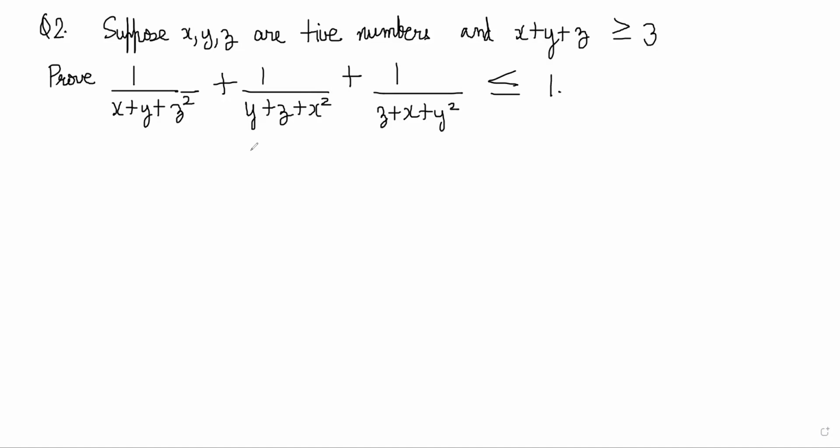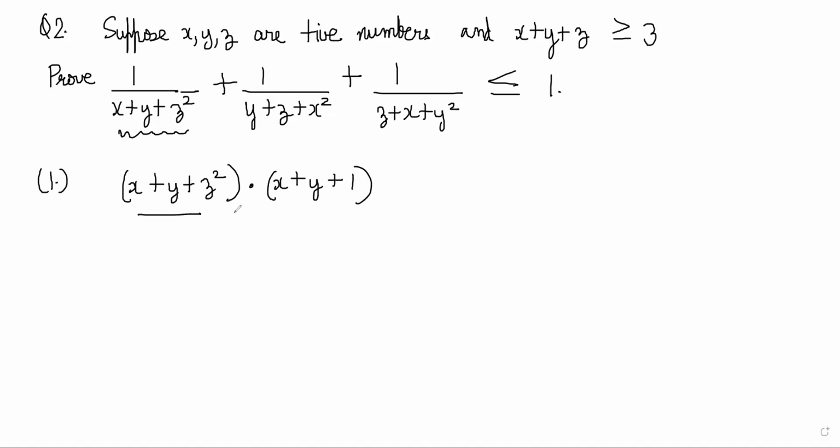So we have to figure out some way to get a term like x plus y plus z square here, right? Okay. So we'll have to use Cauchy inequality somewhere. So let's try this case. Let's think of what we can say if x plus y plus z square multiplied by x plus y plus 1.